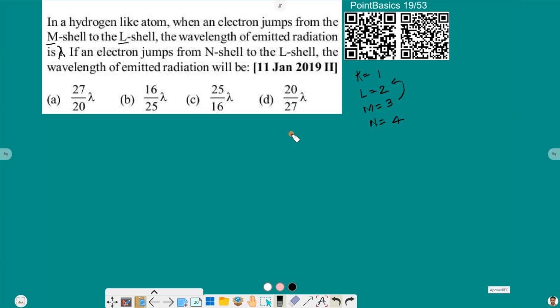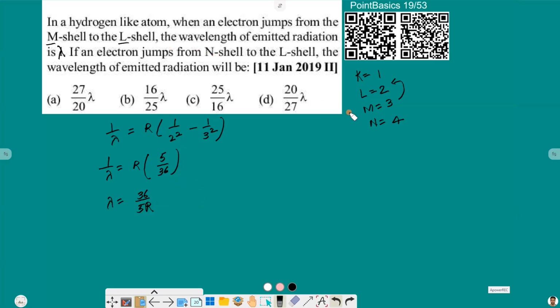So this is the transition. I can write that 1 by lambda will be equal to R into 1 by 2 square minus 1 by 3 square. So 1 by lambda is R times 1 by 4 minus 1 by 9, that will be 5 by 36 basically, and lambda will be 36 by 5R.